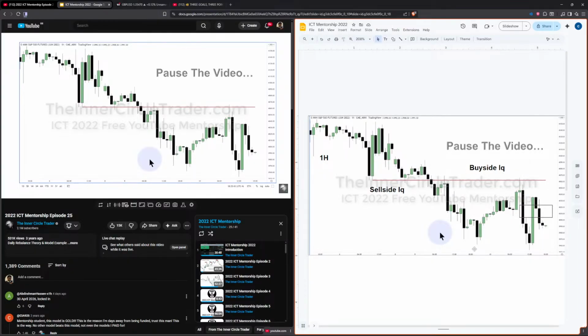Is there anything else to note? Do you see relative equals down here maybe? I think that's the main thing.